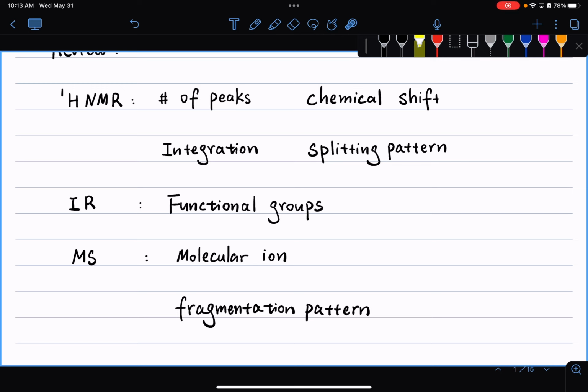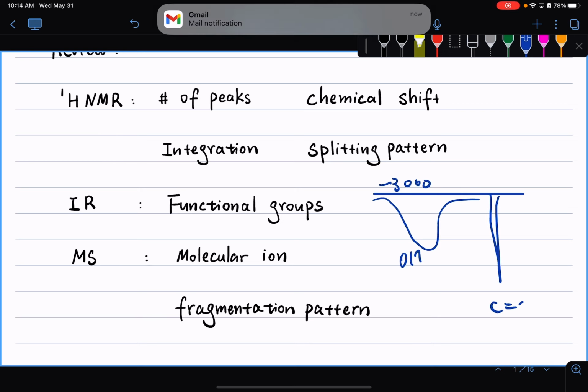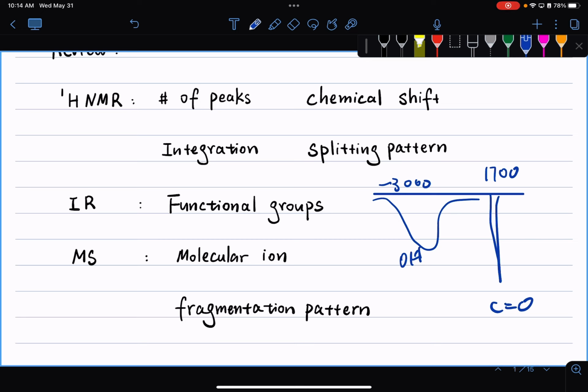These are going to be your broad peaks around the 3000 region, 3000 to 3200, depending on the exact group. The other is your sharp carbonyl peak, around 1700. Whether or not we have these peaks tells you whether or not you have an OH group or a carbonyl group in your molecule.